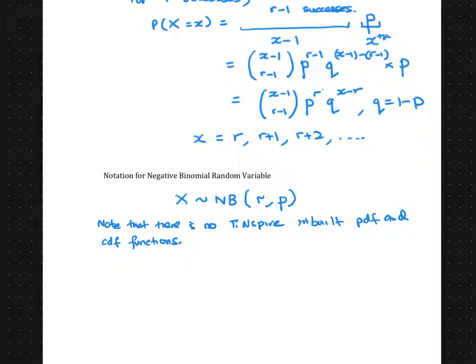But we know that P(X = x) will be simply a binomial in x minus 1 trials times p, and we need r minus 1 successes, which is a binomial.